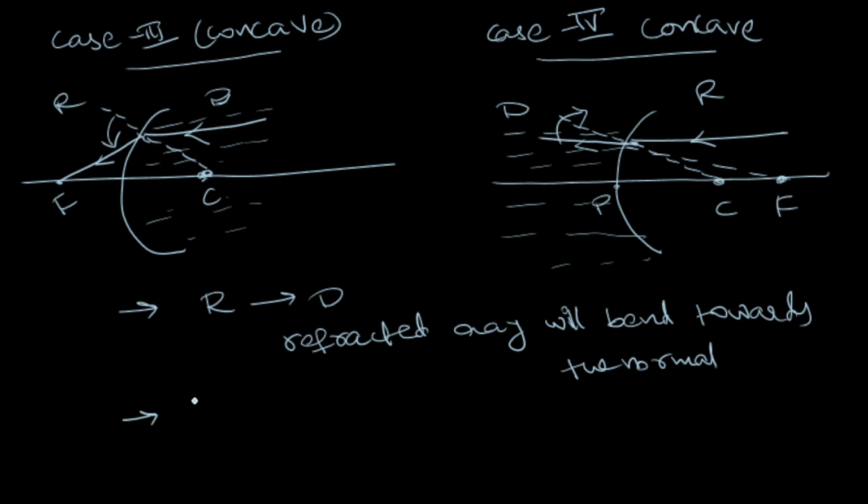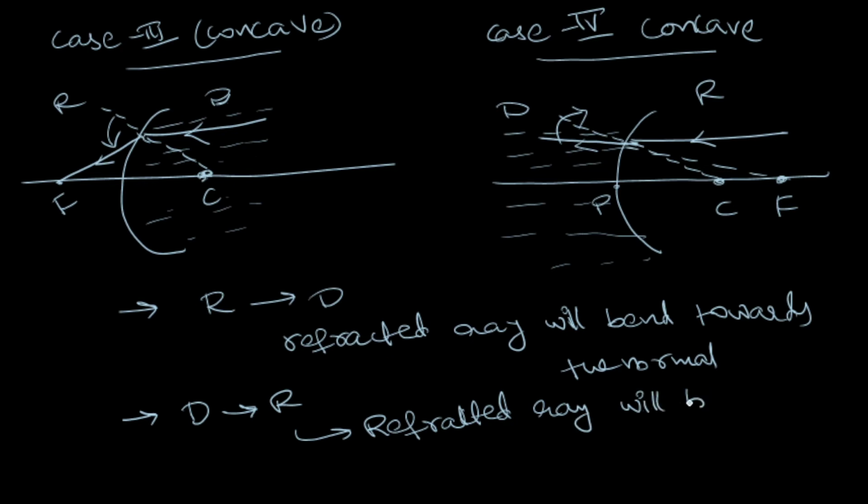And whenever a light ray travels from the denser medium to the rarer medium, the refracted ray will bend away from the normal. You have to remember these two points. Very, very important points.